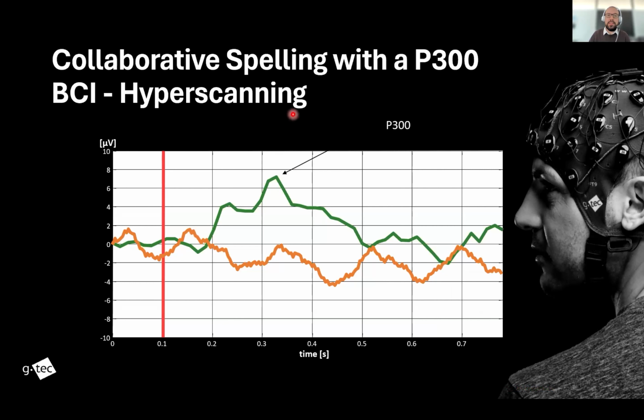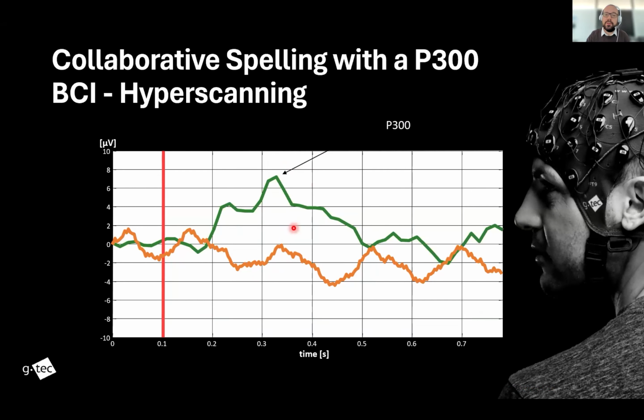The target would be the letter that the subjects want to select, which the classification will find by the positive peak after 300 milliseconds. Especially comparing to all the other characters where you have the EEG results close to baseline 0, the system is able to correctly discern which of the characters the subjects want to select.